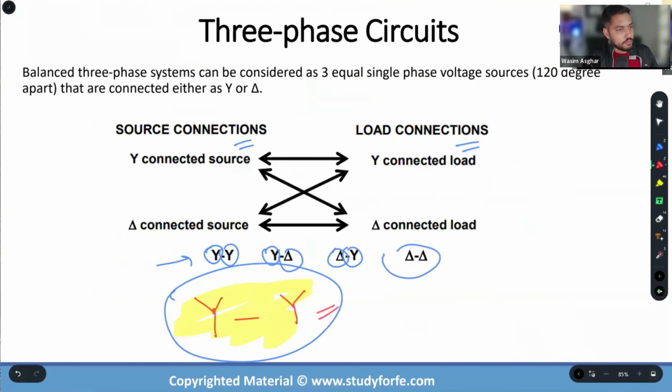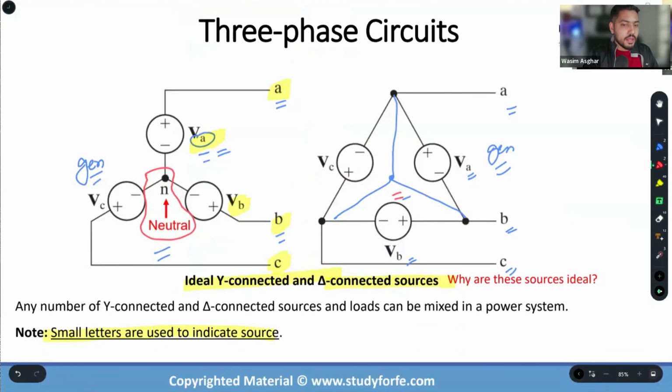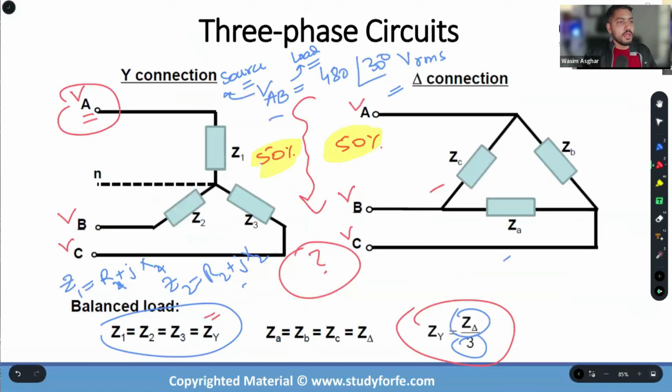Once you have a YY configuration, you're able to apply Ohm's law directly, solve it on a per phase basis. Life is good. If we have an unbalanced system, what we are discussing over here, the tools that we have at our disposal cannot be used directly. There is an advanced concept that we encounter in PE Power called symmetrical components.